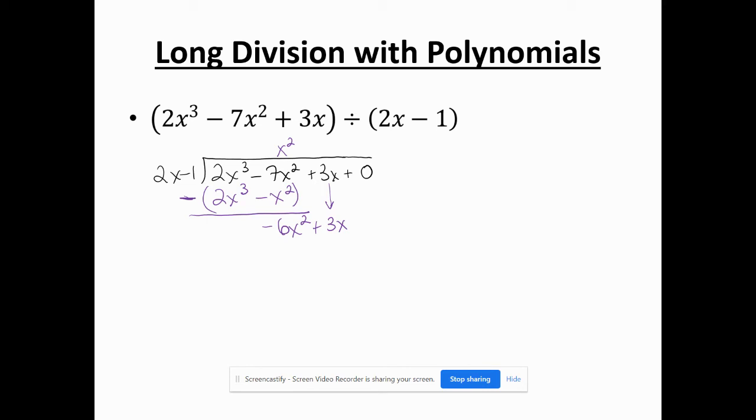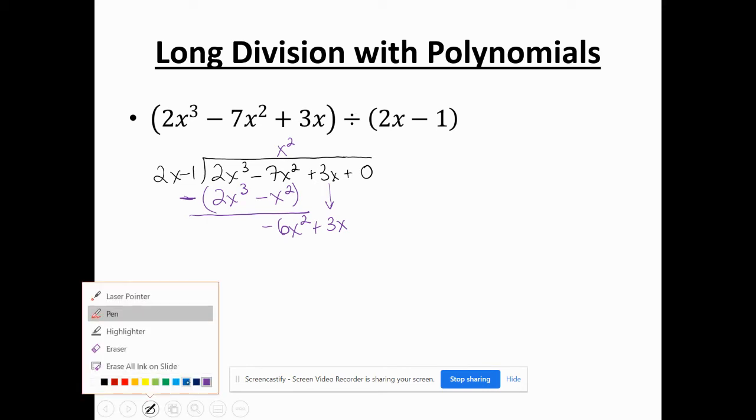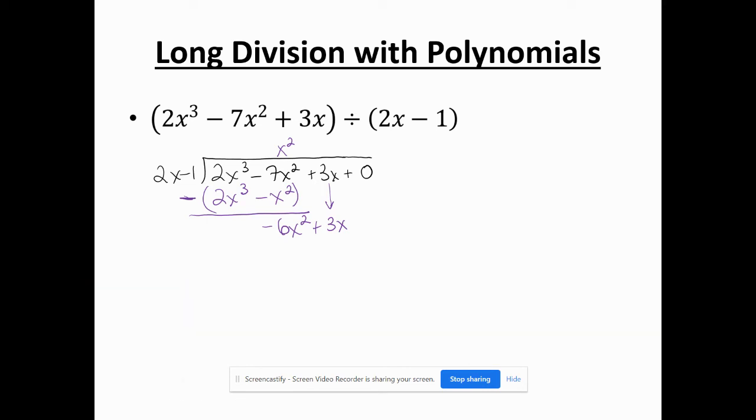Okay, and then let me switch colors so you can see that it's a new step. So I ask myself, what times 2x can get me a negative 6x squared? Well, 2 times negative 3 will get me the negative 6, and then x times x will get me the x squared.